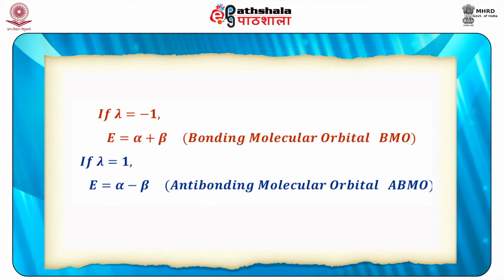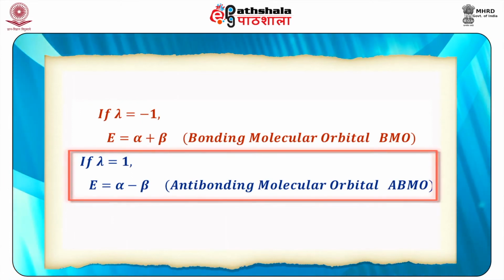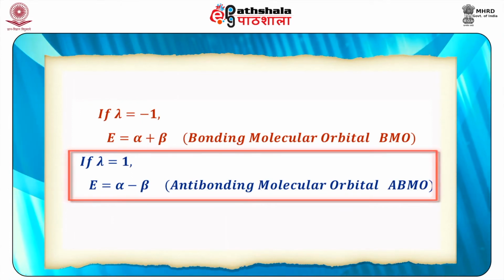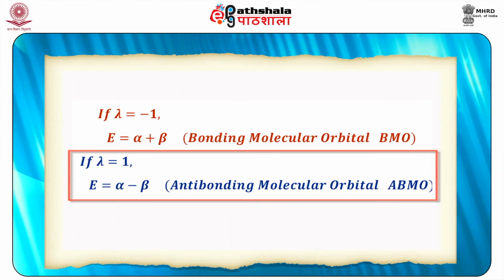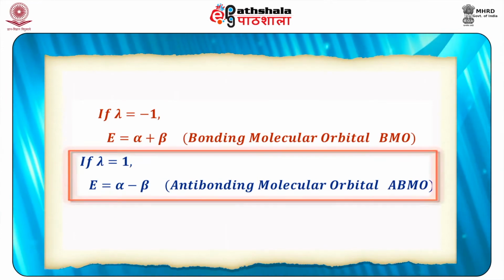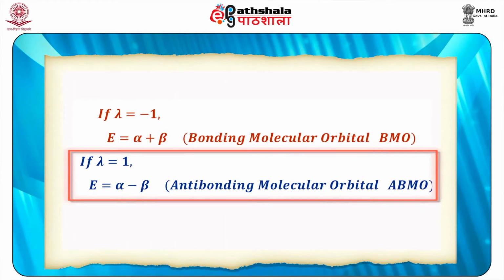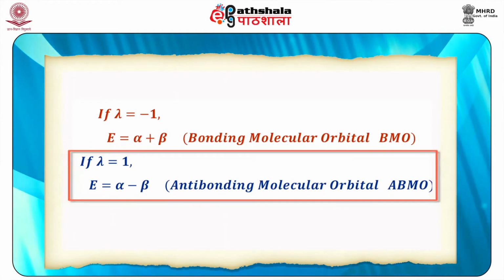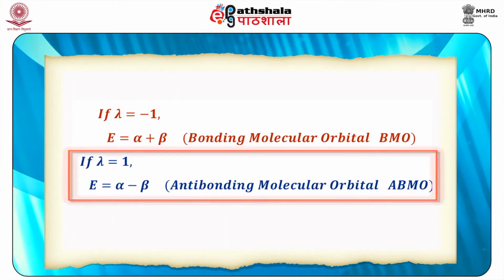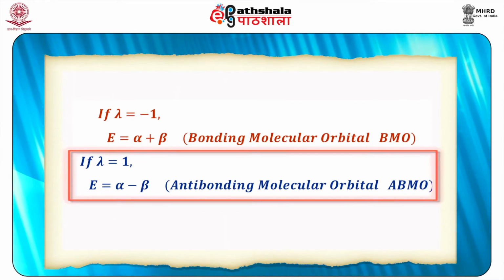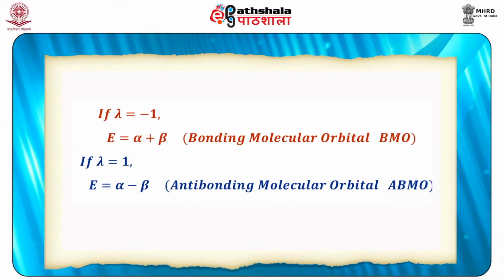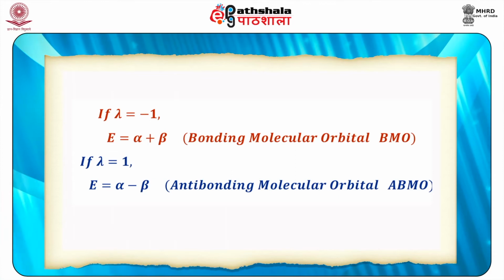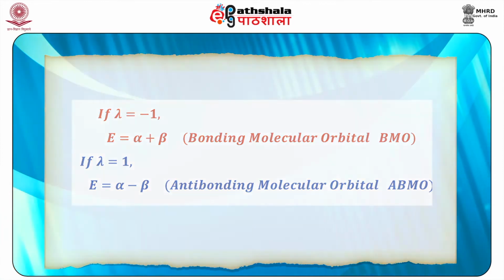And similarly, if we put the second value of lambda, which is equal to 1, we get the energy of the orbital, E is equal to alpha minus beta. So these are the two values of the pi molecular orbital energies which we get from the corresponding HMO solution.